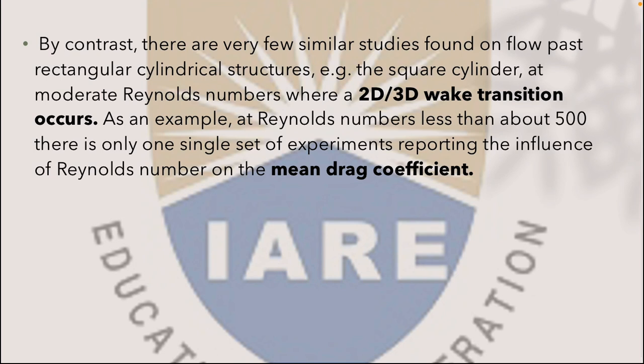For example, the square cylinder at moderate Reynolds number, where a 2D or 3D wake transition occurs. As an example, at Reynolds number less than about 500, there is only a single set of experiments reporting the influence of Reynolds number on the mean drag coefficient.